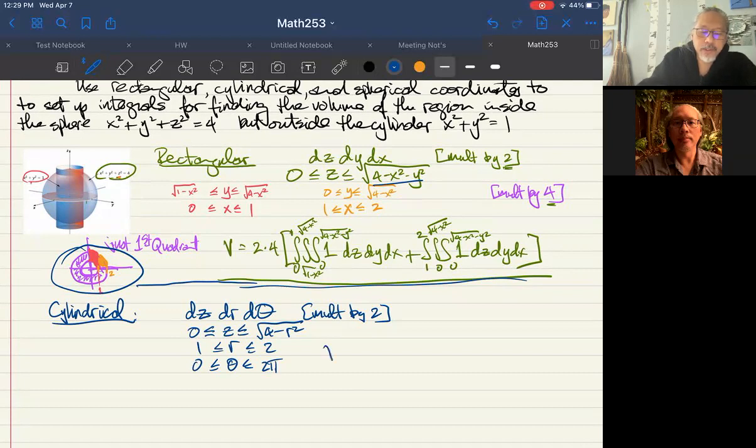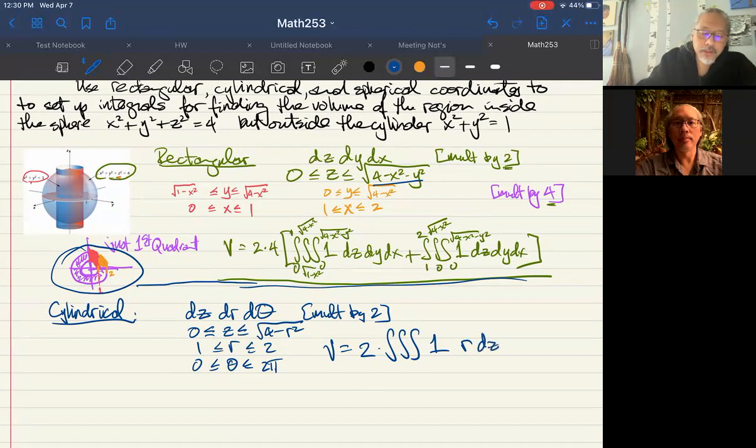That's really simple and easy enough to set up. And so we're going to have a triple integral times 2. And the triple integral is going to be 1. And now our dV is going to generate an extra r. So we have to remember that there's an extra r when we switch from rectangular to cylindrical coordinates.